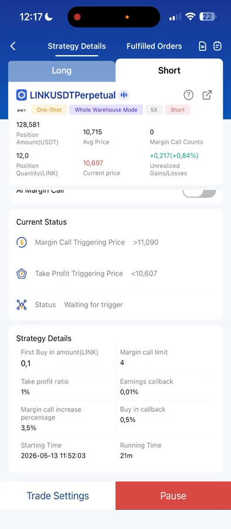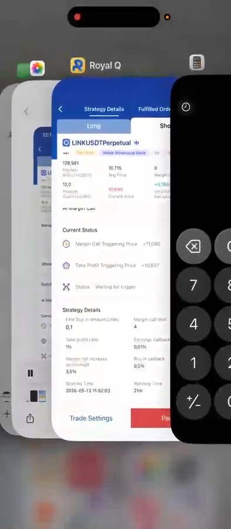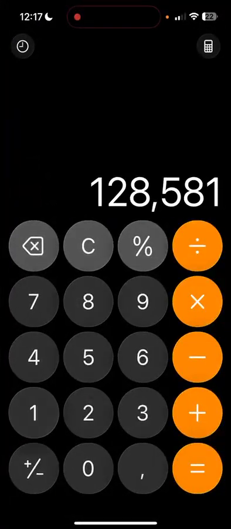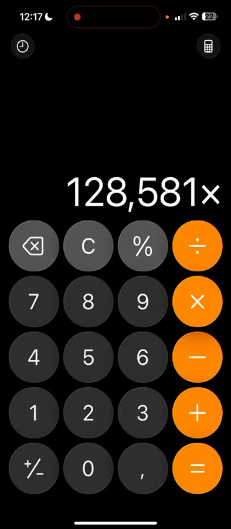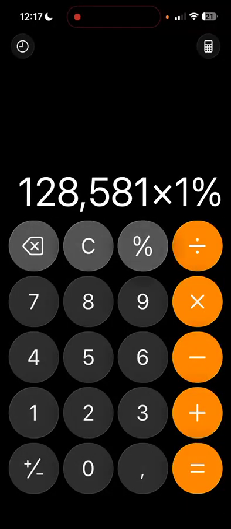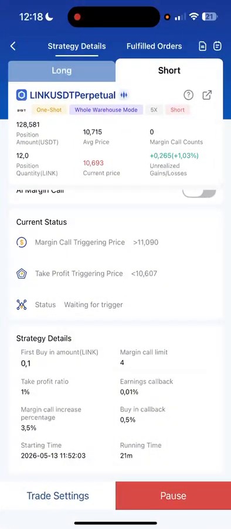So let us calculate 128.581 by 1%. That is 1.28. That is what I should get after this trade has closed successfully.